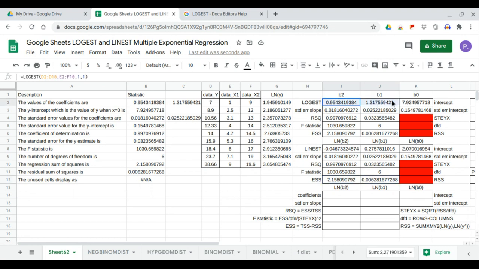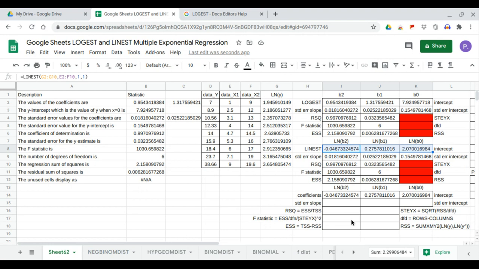But the coefficients don't match. That's because the LINEST coefficient is the logarithm of the LOGEST coefficient. Let's prove that. Array formula, ln of these coefficients. Now the linear coefficients match our LINEST output.